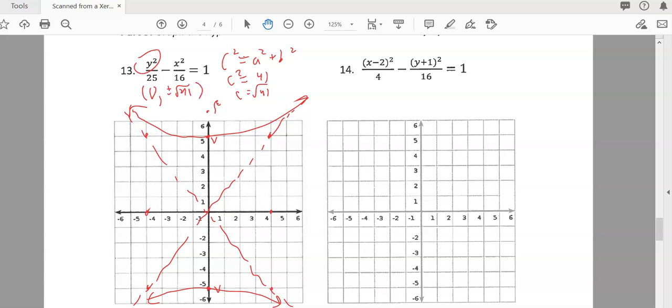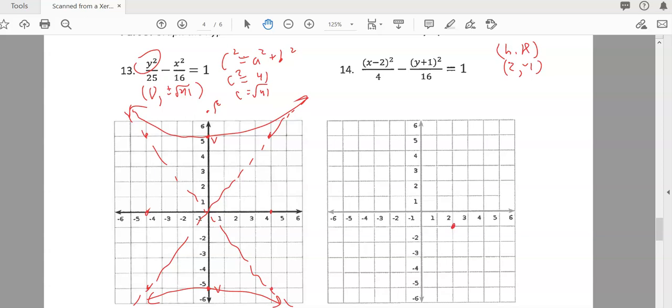This one has a different center, right? So the center, the h, k, would be at 2. It helps to write it out, especially when you're starting out, 2 comma negative 1. So that's your center, that's your starting point.